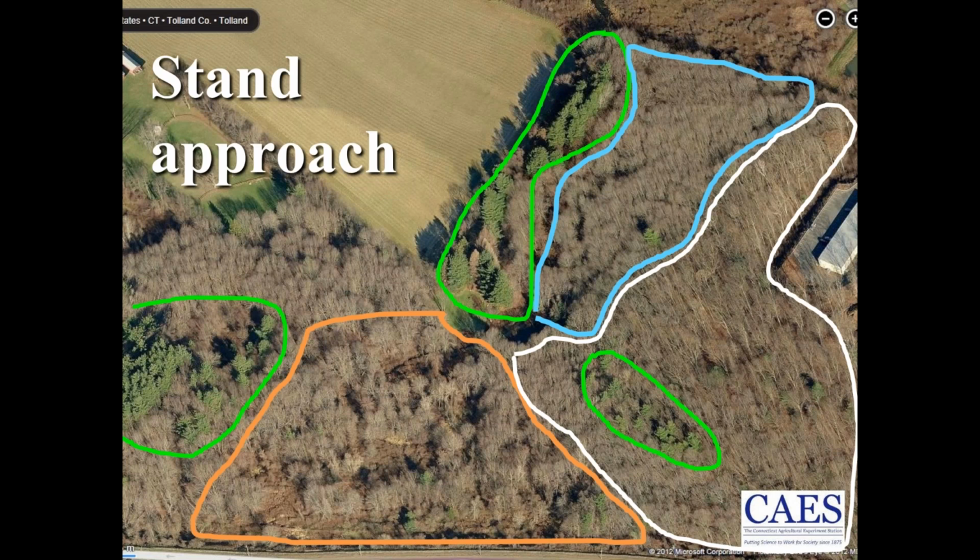Now you can do a stand approach. Obviously these are way too small to be stands, but it's just for illustration. If we look at the orange one, let's imagine it's at least 10 or 20 acres in area. Even just looking at it, you can tell that that stand has some problems, just from looking at the texture of it.